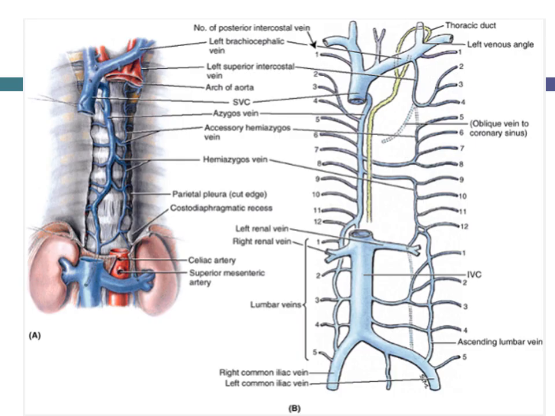The 5th to 11th intercostal veins on the right side drain into the azygous vein, whereas on the left side, the 5th to 8th intercostal veins will drain into the accessory hemiazygous vein, whereas the 9th, 10th and 11th intercostal veins will drain into the hemiazygous vein.